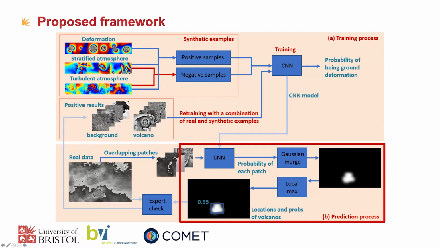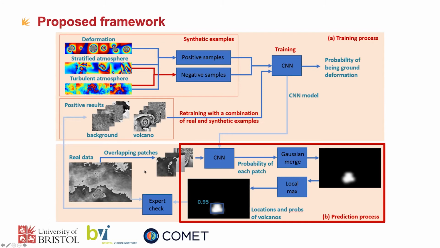In this way, we can use the local maximum method to detect where the ground is deformed in those 500 by 500 interferograms. I have to say that the deformation signal does not always happen at the center of the volcano. That's why we need to apply this method to see where the ground is actually deformed.